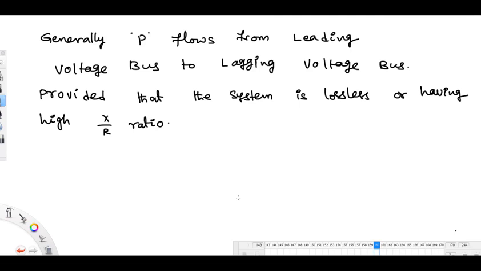Then the angle delta will be greater than 90 degrees, if I am considering the current IA. To show that IA is negative, I can say in two ways.